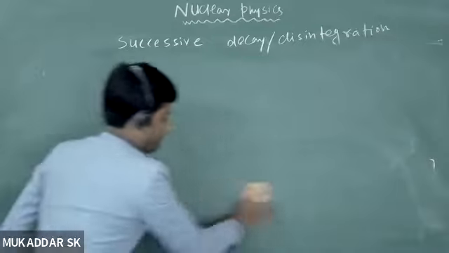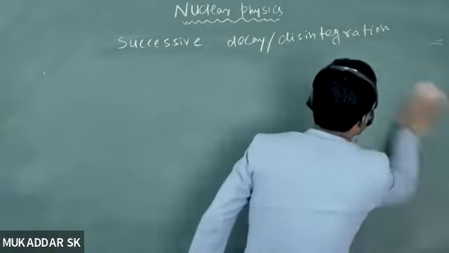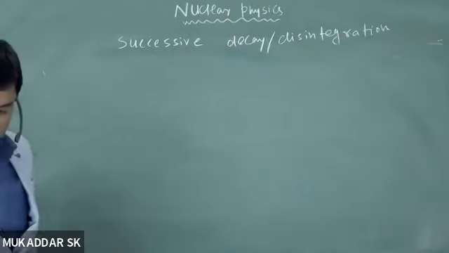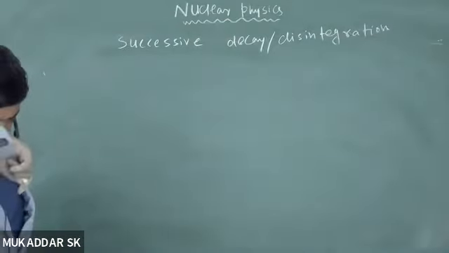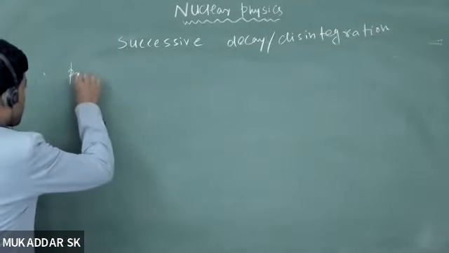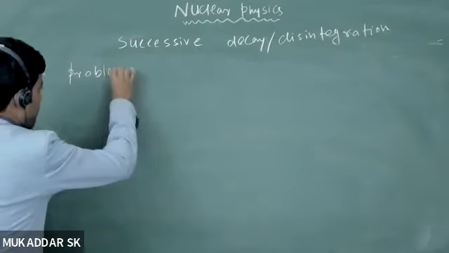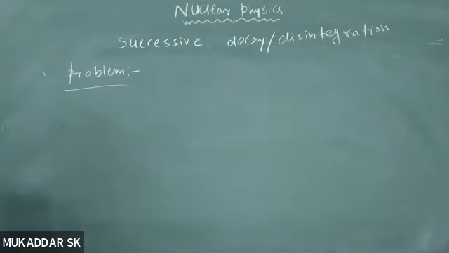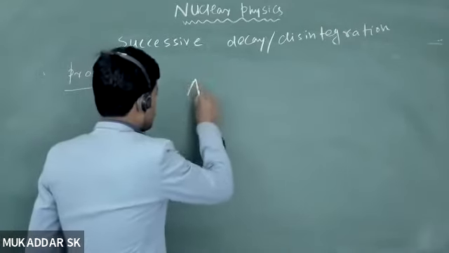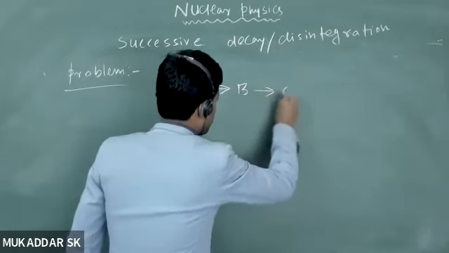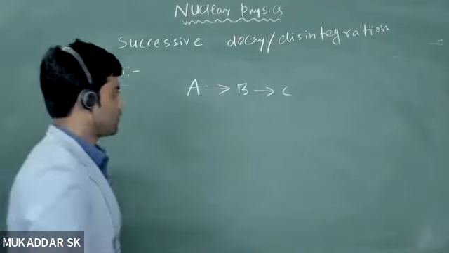Then next problem. Next problem you have again, A is decaying to B, B is decaying to C, and C is stable.